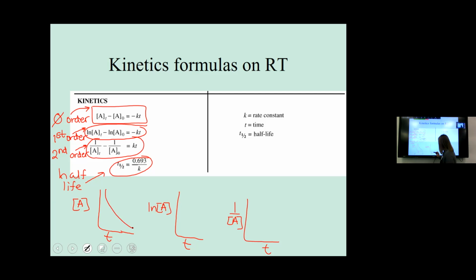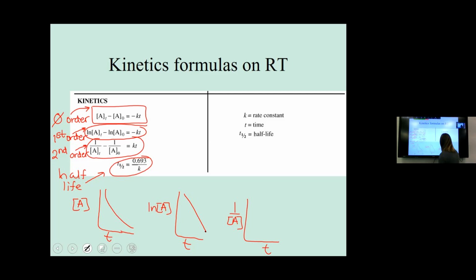Let's say we get this, that's pretty straight. So since natural log is the first order calculation, that would tell us that our reaction was first order.